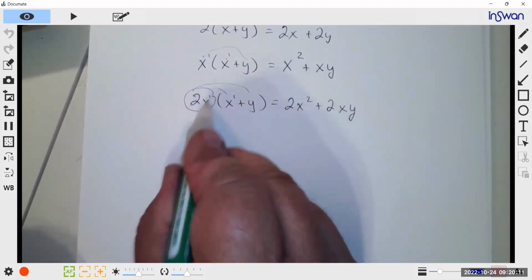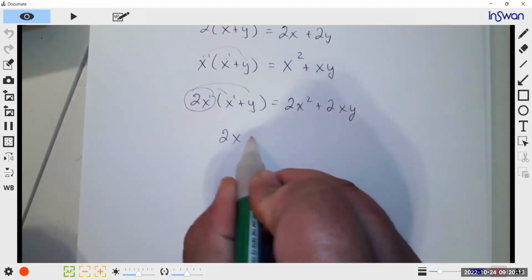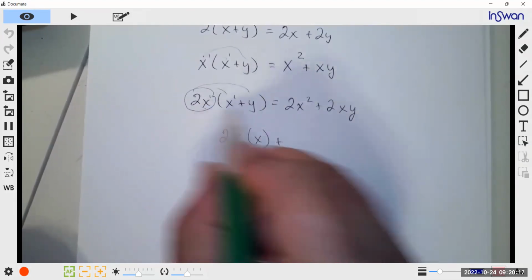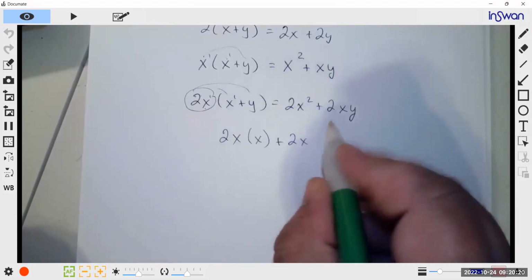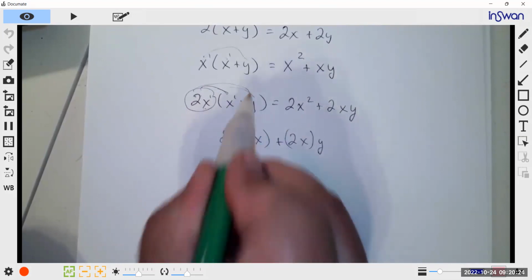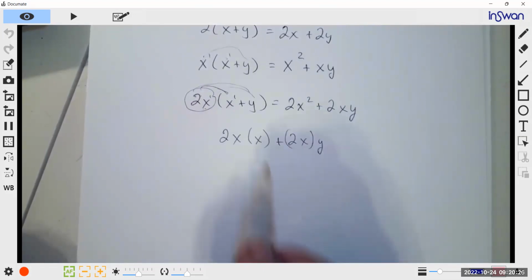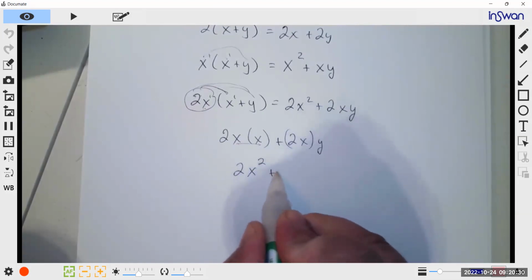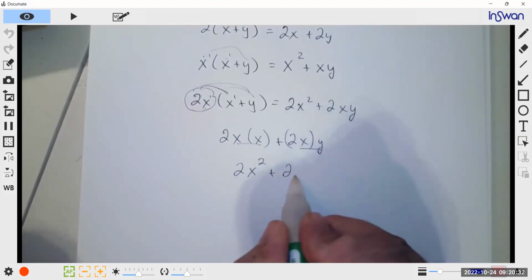So what this one really did was 2x times x plus 2x times y. I took whatever's in front and put it in front of those guys. So x times x is x squared. X times y is xy.